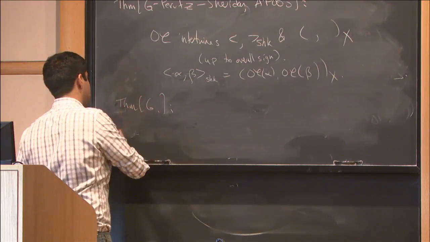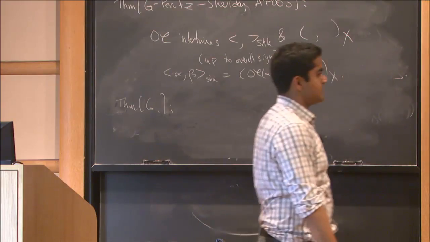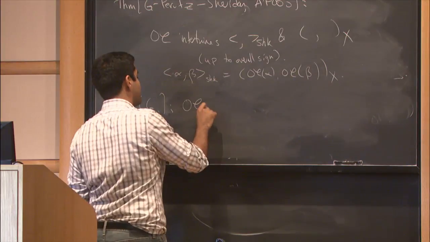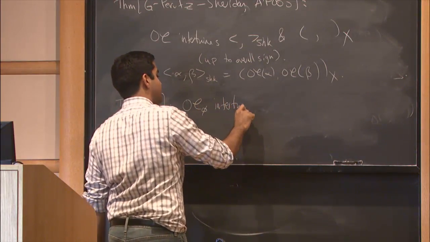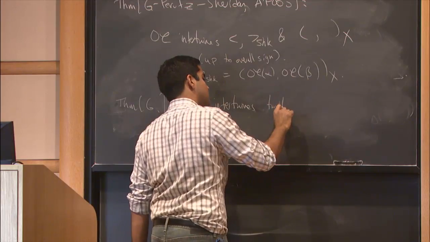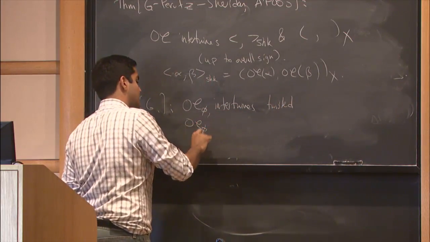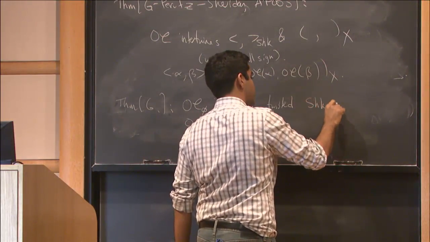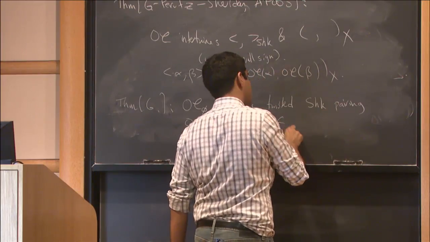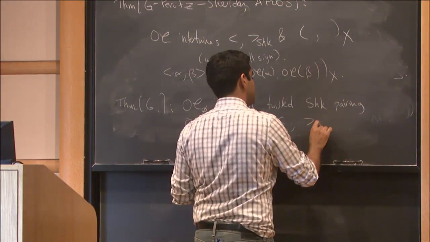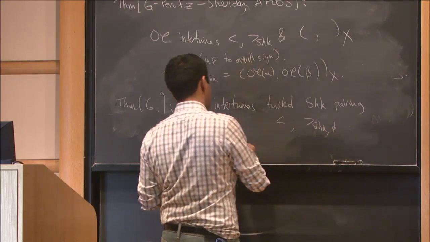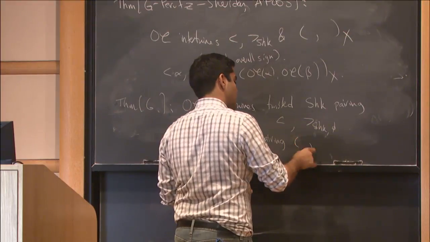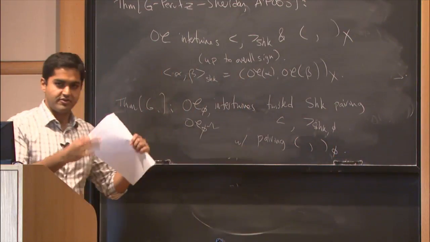And there's a very mild generalization of that: the twisted OC maps, by phi and by phi inverse, intertwine the twisted Shklyarov pairing with the pairing which I called ordinary parentheses sub phi.